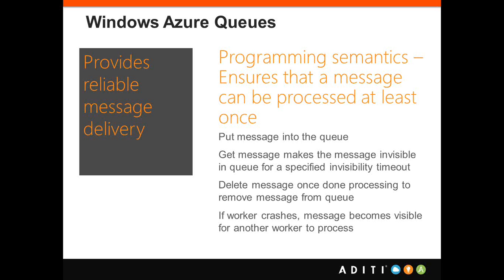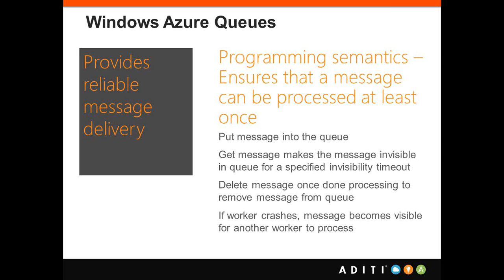Windows Azure storage ensures that a message can be processed at least once, and you can put messages in the queue. You can get messages. Once you get a message out of the queue, it is invisible for some time so that nobody else can access the same message, and you can set your specific invisibility timeout for that. You can delete the message once it is done, which means you completed the process.